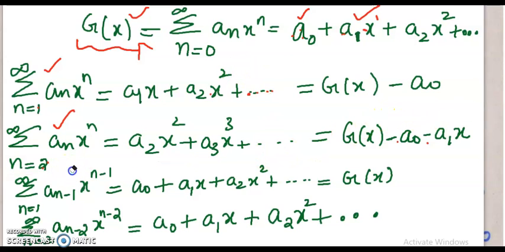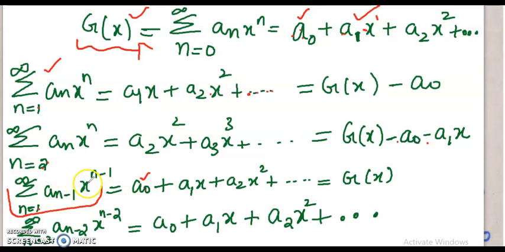So now let us go to the next summation. Next summation is n is 1 to infinity, but here a n minus 1 x power n minus 1. Come on, expand it. In this summation, when n is 1, 1 minus 1, 0, a0. When n is 1, x power 1 minus 1, x power 0 is 1. So we get a0 only. When n is 2, 2 minus 1, a1.